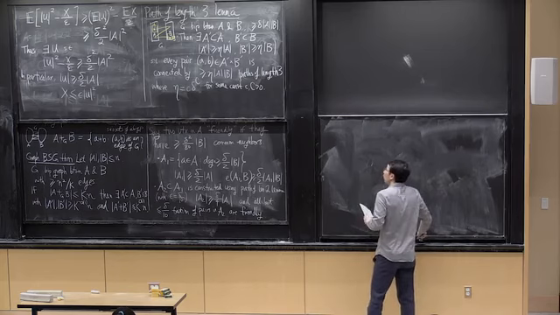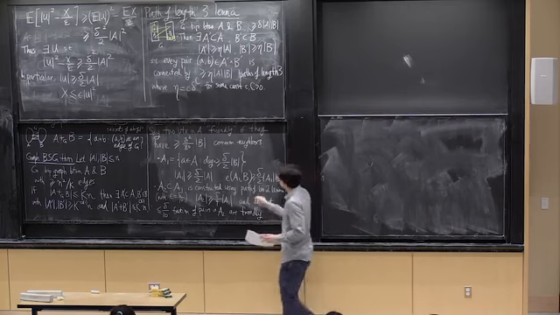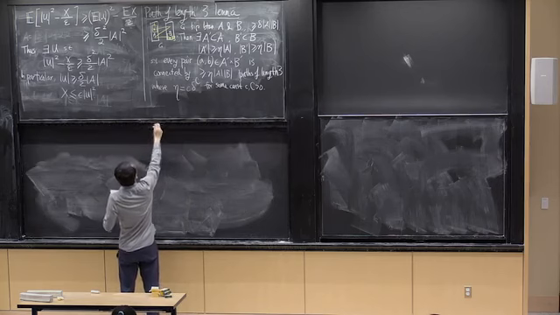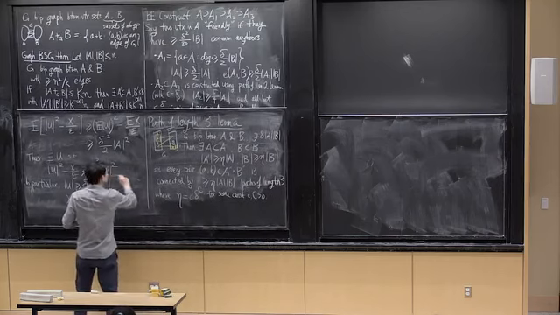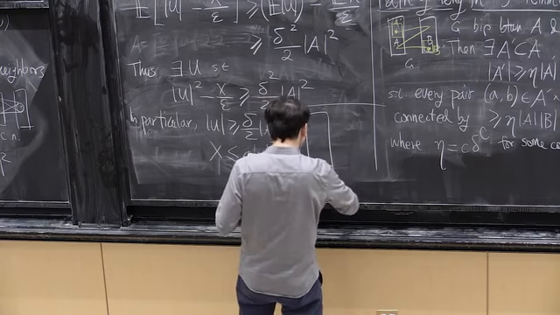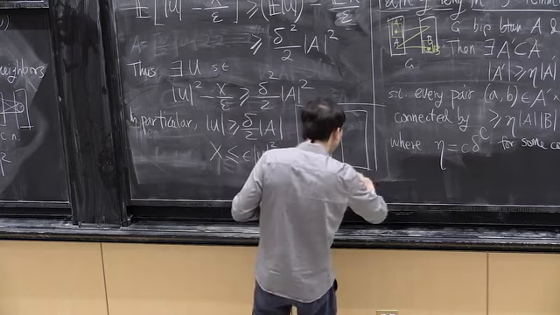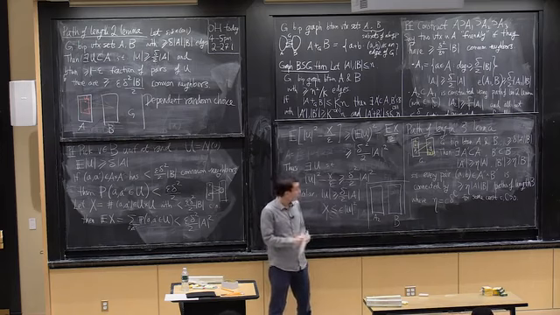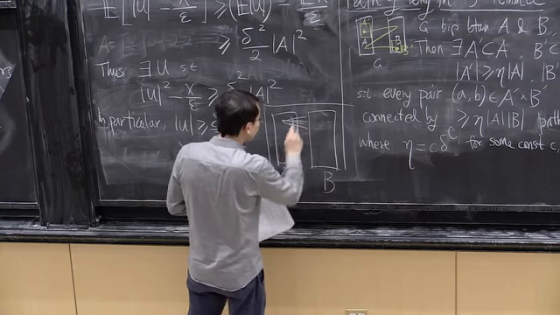And now let's look at the other side. Let's look at B. So we're now in a situation where you've passed down to A2 and in B, where because of what we did initially, every vertex in here has large degree.